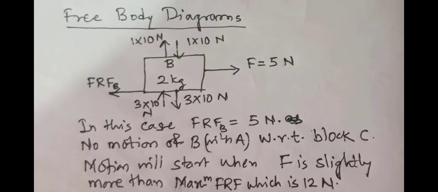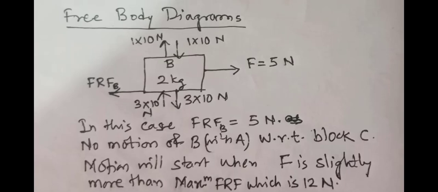So hence, because we are right now having 5 Newton, the frictional force will just balance it, and there will be no force in the horizontal direction working on the body to move it, because this F 5 Newton will be balanced by the frictional force which will also equate it.